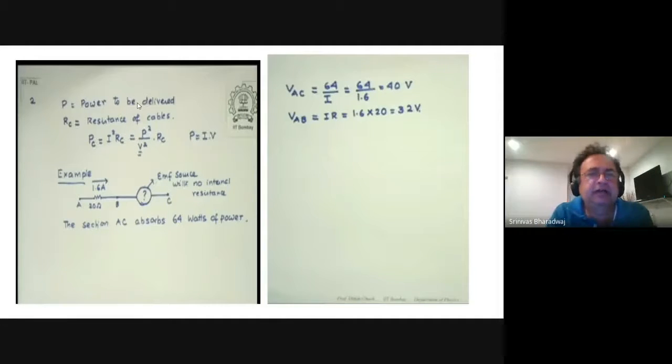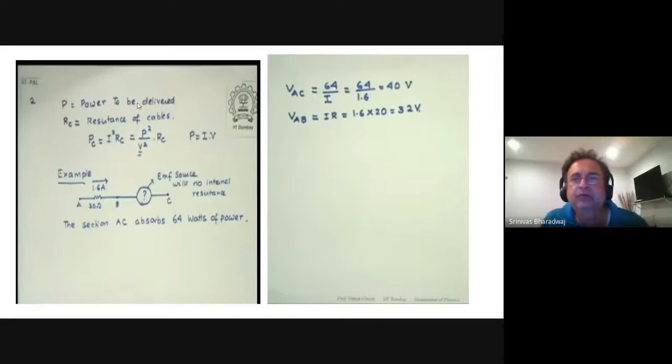So the power is I squared R across a resistance cable, and that's how the section AC here absorbs 64 watts of power. How do you know that? We know the current flowing through it, and if you know the resistance, then you can get the voltage and the wattage.